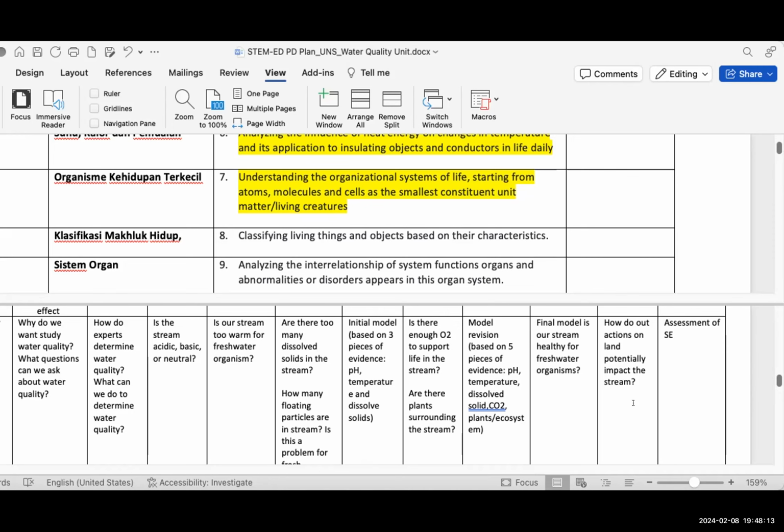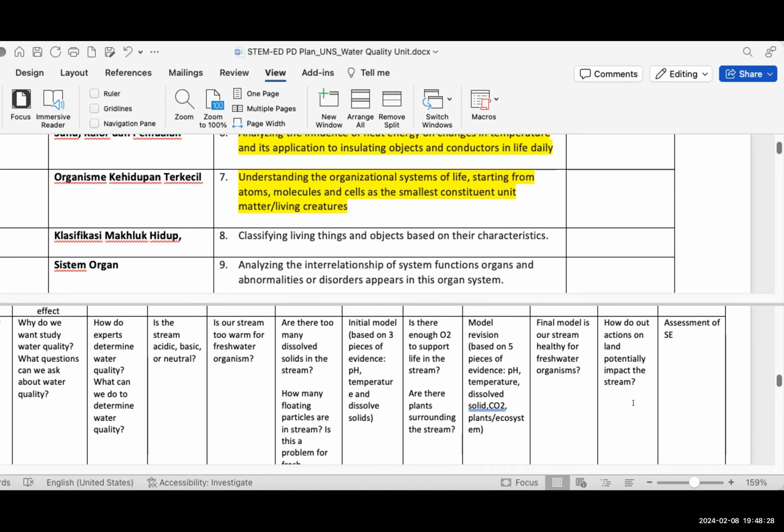I'm not sure here, because I'm also thinking whether to ask the students to think about the purification of the water, but I think it's quite difficult for them.